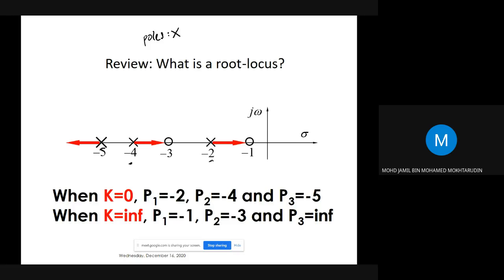The next step is to find the value of the poles when k equals infinity.